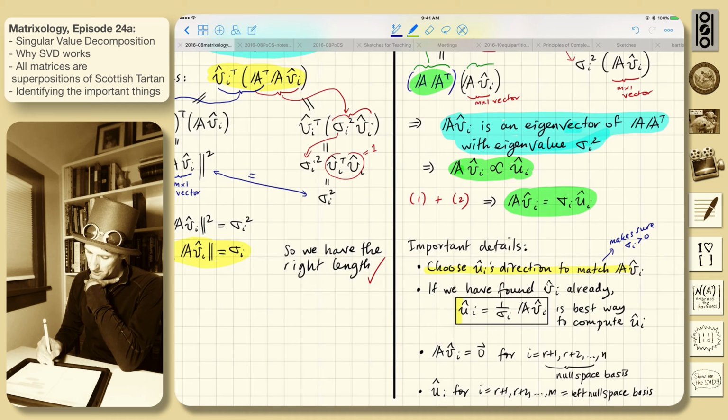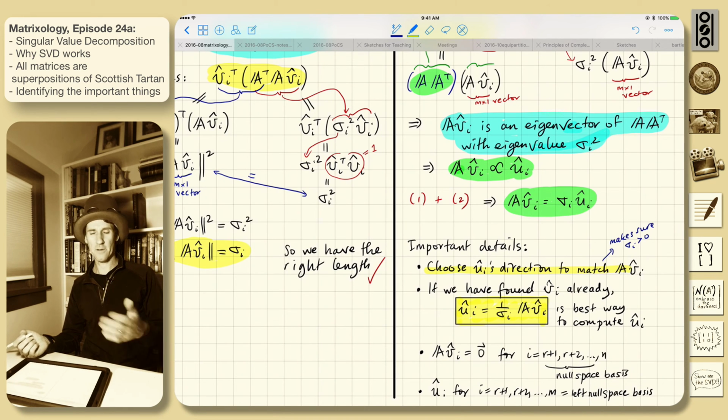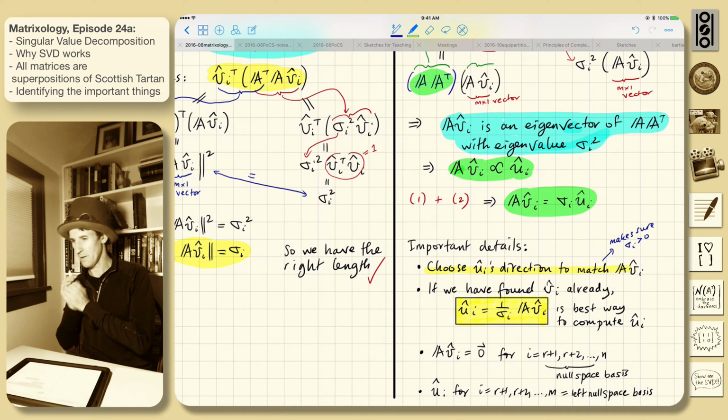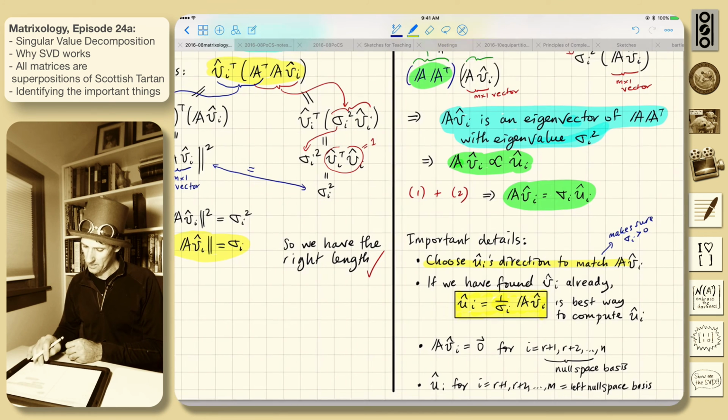And then this is a very nice thing. If we found the Vi's, which is generally the way to do these things, then this is how you find your Ui's. You don't have to diagonalize AA transpose. You diagonalize A transpose A, which gives you the Vi's and the sigmas, and from that you can compute the Ui's from the singular value equation.